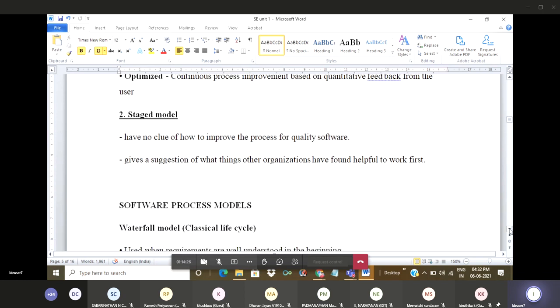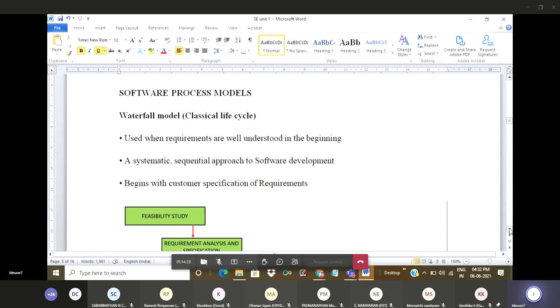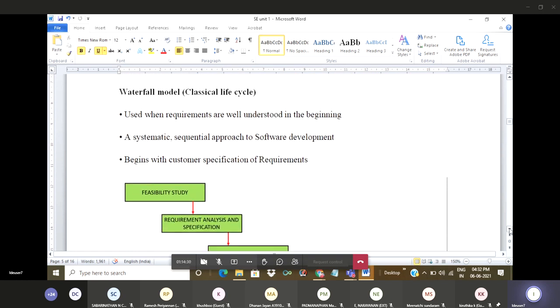Next is the software process model, under which the first model is the waterfall model. Another name for it is the classical life cycle model. In this model, when we start a project, the requirements must be known well in advance.